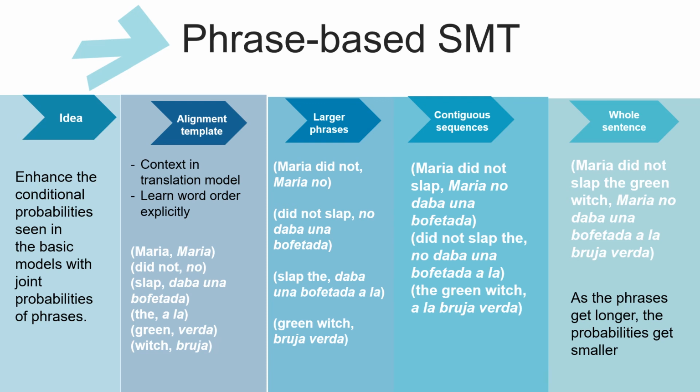As the phrases get longer, the probabilities get smaller as the frequency in the corpus diminishes. A number of scholars evaluated these variants of the phrase-based statistical machine translation approach and found that they all represented an improvement over the original word-based approaches. Furthermore, increased corpus size had a more marked positive effect than it did with the word-based models.